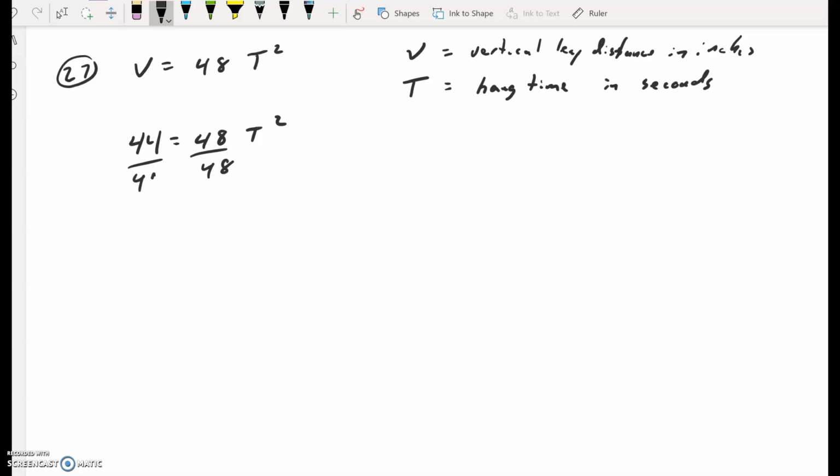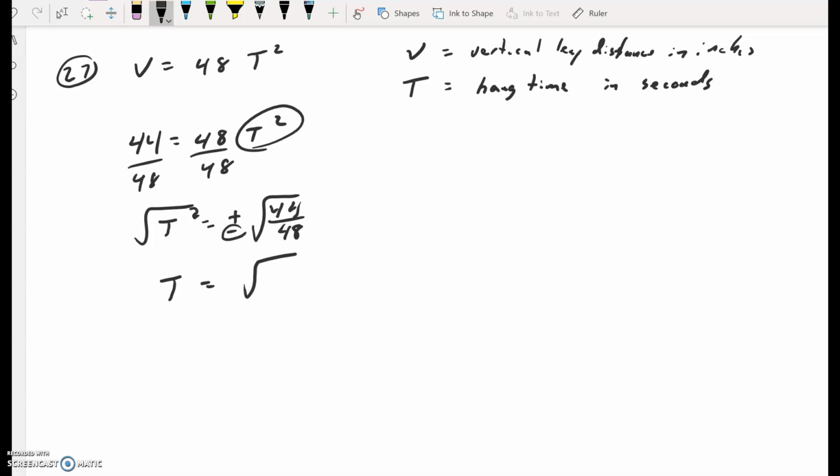Again, we've got the squared term by itself very easily, so we have t squared equals 44 over 48. We could reduce the 44 over 48, but I'm going to be using a calculator anyway here shortly. Again, time can't really be negative, so let's get rid of the minus sign in the plus or minus.